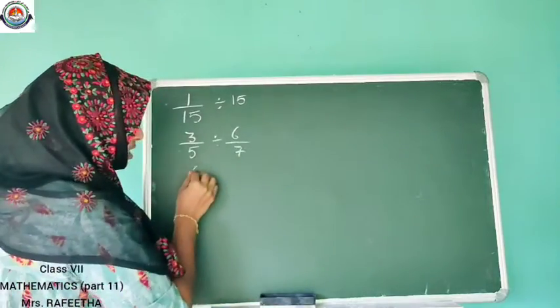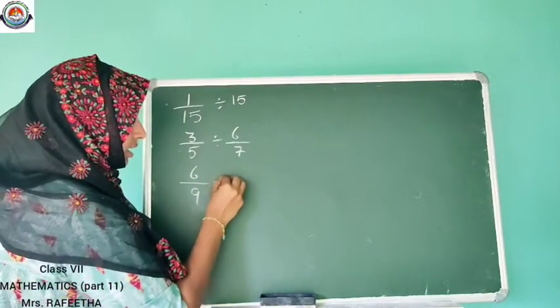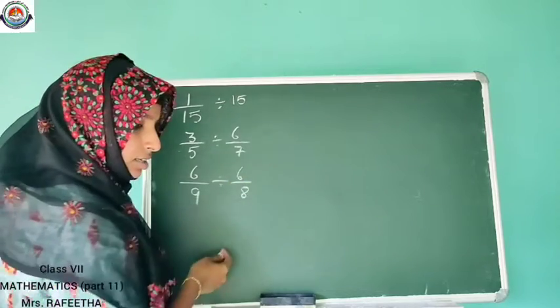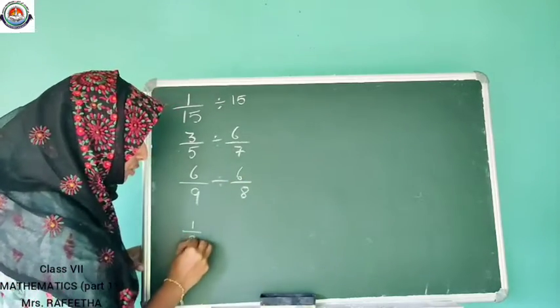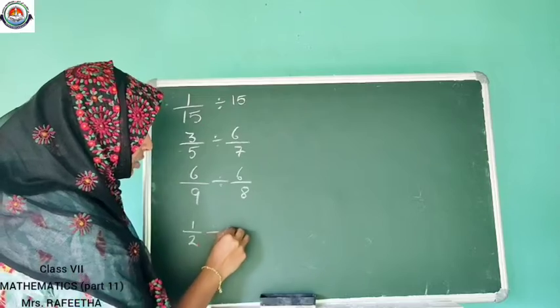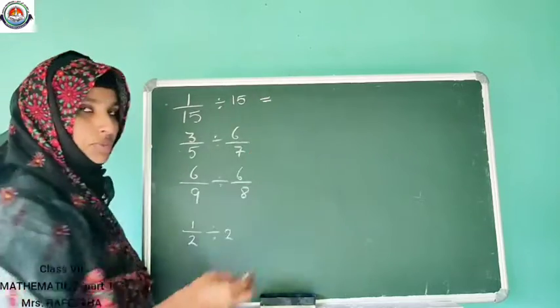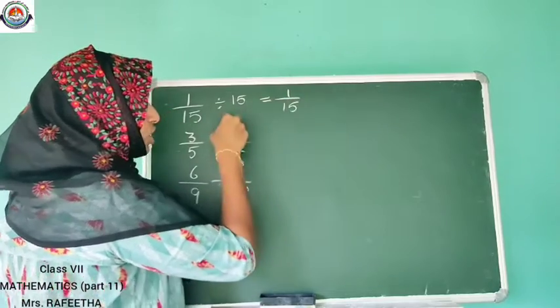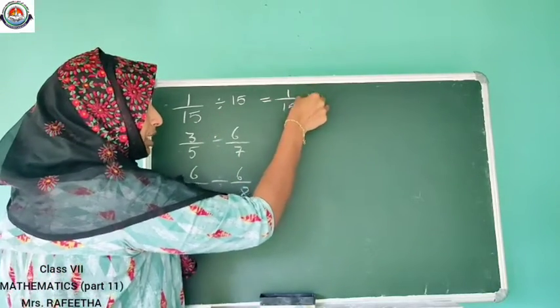Then next, 6 by 9 divided by 6 by 8. Then 1 by 2 divided by 2. Same as the previous, we can do 1 by 15. Instead of this division, multiplication.